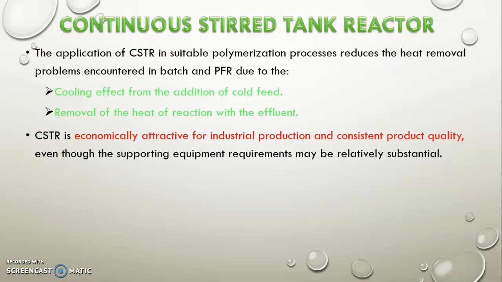The application of CSTR in suitable polymerization process will reduce the heat removal problem encountered in batch and plug flow reactor due to the cooling effect from the addition of cold feed and the removal of the heat of reaction with the effluents. CSTR is economically attractive for industrial production and consistent product quality, even though the supporting equipment requirement may be relatively substantial.